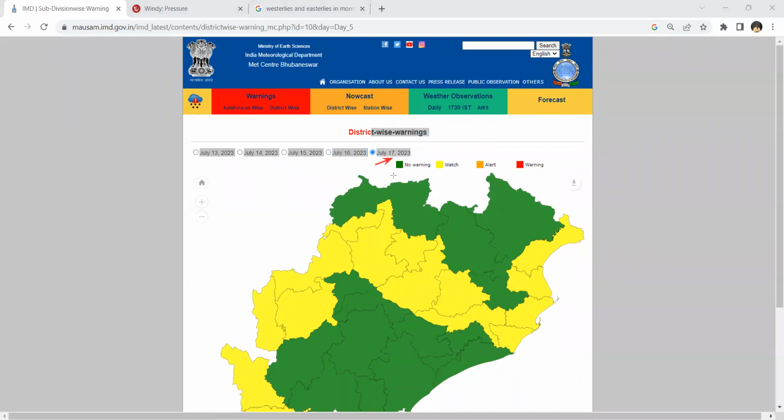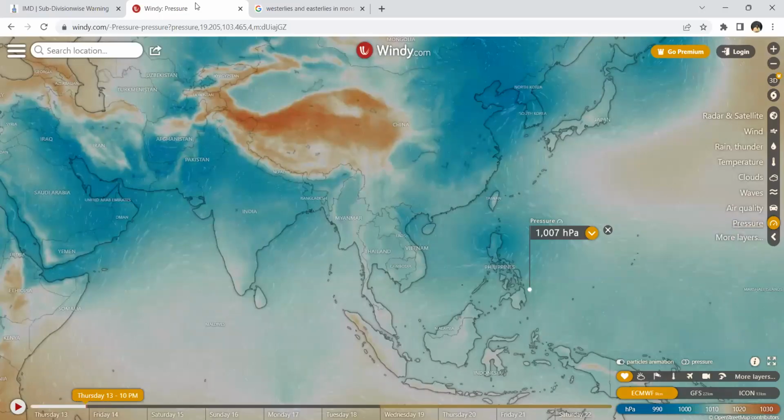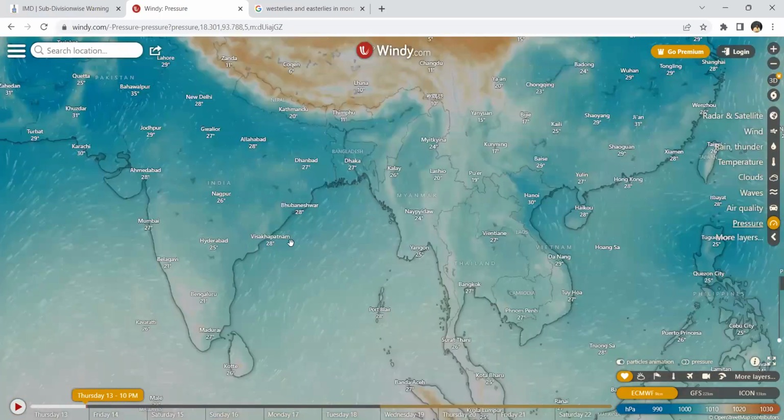So this is the current warning we have, and that is only till 17th. So now we'll look into what happens after 17th and how this low pressure area will originate, and then how the rainfall patterns could lead to heavy rainfall in the states which are in the eastern part of India. So this is basically the pressure distribution now.